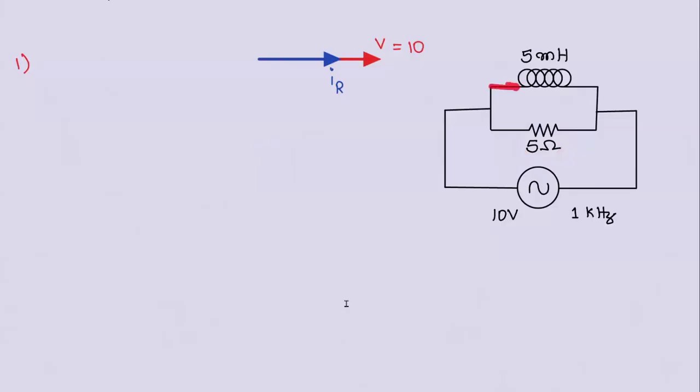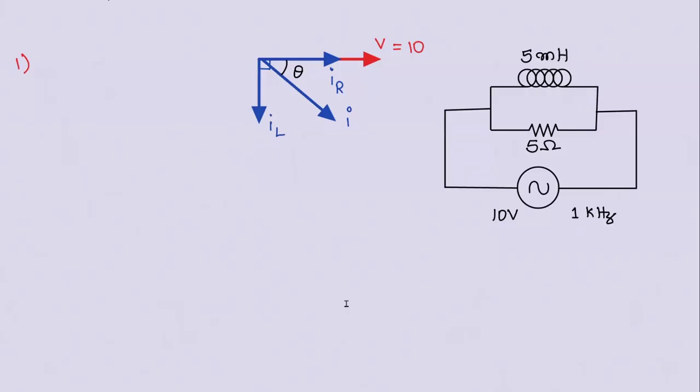Then IL. For the inductor, voltage will be leading, current will be lagging. Like this. This is IL. The net will be like this, right? This is the net value, this is I. So I calculate individually and then add according to vector addition. Okay. So the angle between them is theta.